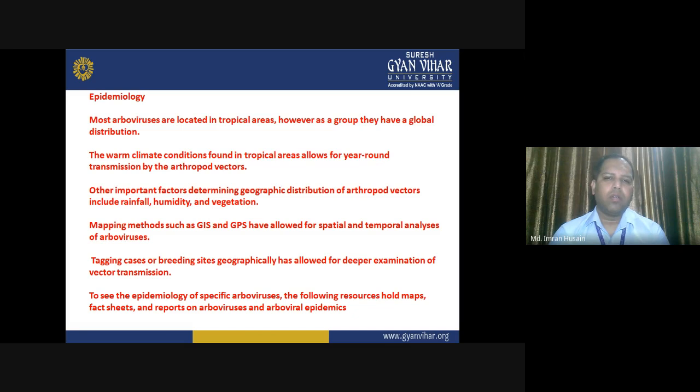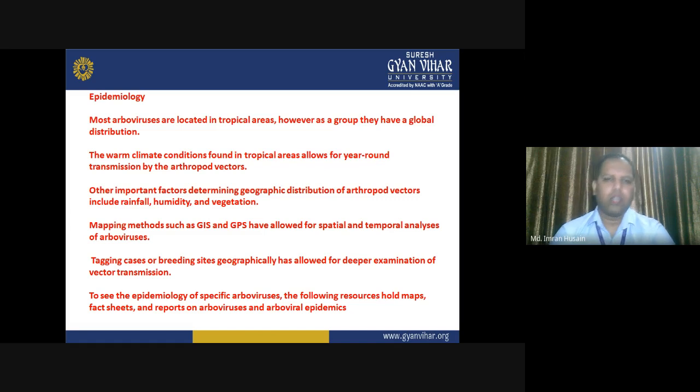The warm climatic conditions found in tropical areas allow year-round transmission by the arthropod vectors. So, the tropical areas are generally warm or have a warmer climate. Okay, and these arthropod vectors, like mosquitoes, fleas, and ticks, are found all around the year.